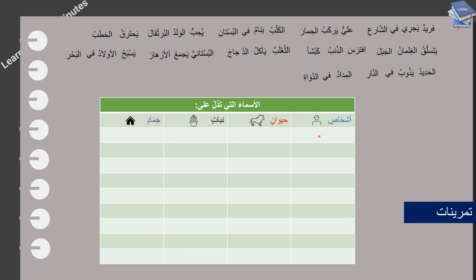Up to this point, the authors have asked us to categorize the ism into 5 categories, but this time only 4.